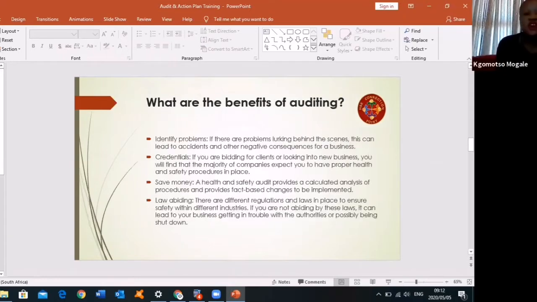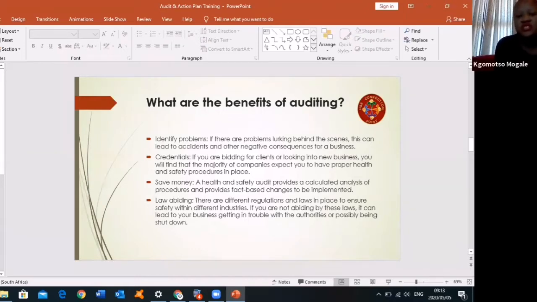So in terms of the benefits of auditing, what can a company benefit from auditing? Firstly, it can identify problems. If there are problems lurking behind the scenes, this can lead to accidents and other negative consequences for a business.